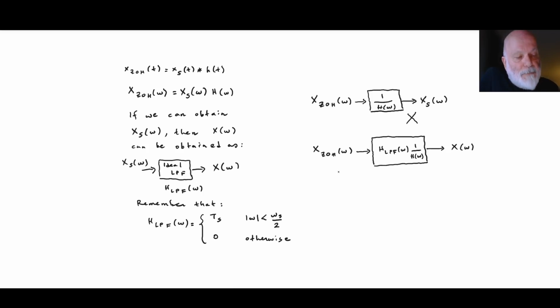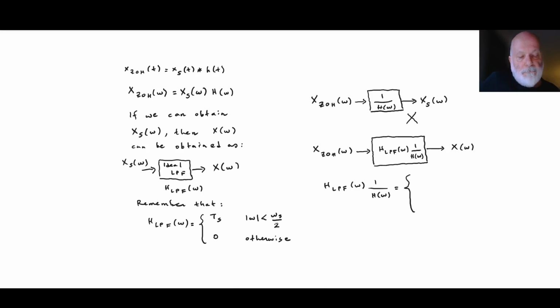But what is H_LPF of omega multiplied by 1 over H of omega? Now we know that the low-pass filter has the frequency response which is non-zero only in the interval from minus omega s over 2 to omega s over 2.